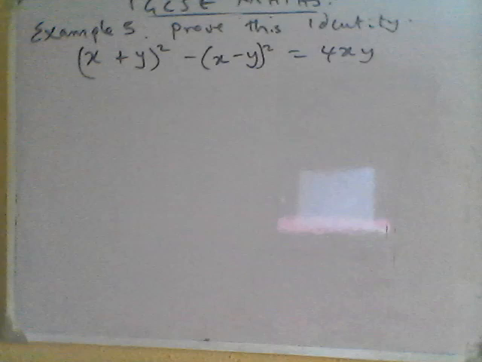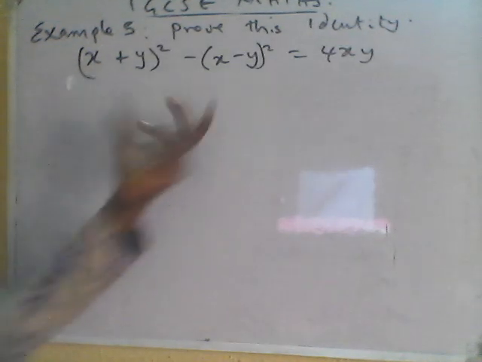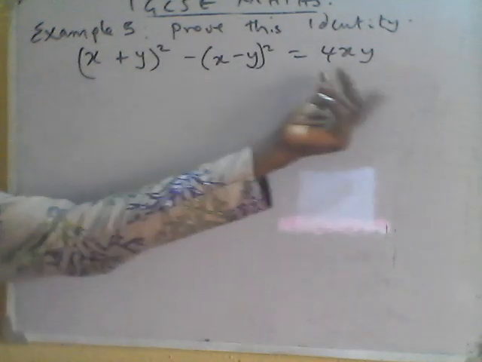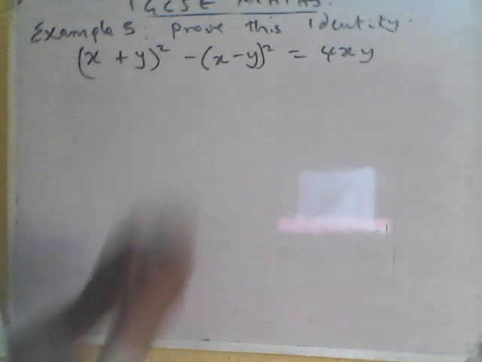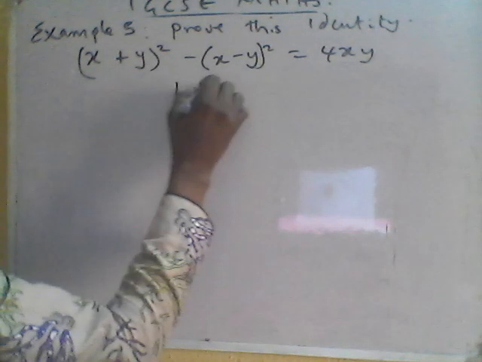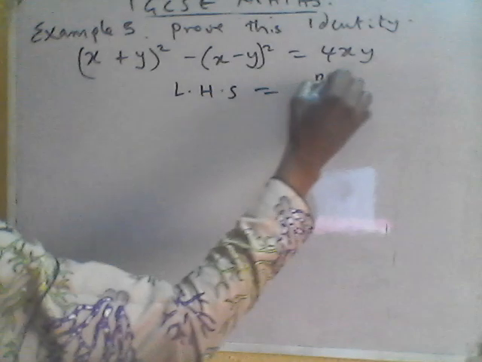So, we are to prove this identity, this left hand side equal to this right hand side. What I have here is equal to what I have here. So this is left hand side and right hand side.